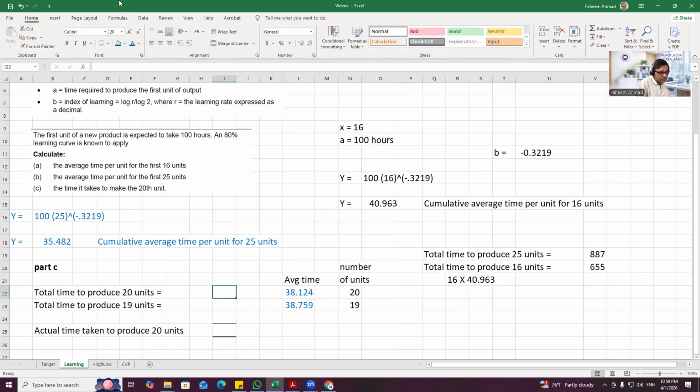I'm going to calculate total time for 20 units. I will take average time times by number of units, 20. I will repeat the same thing here. So the difference between these two numbers is the actual time taken to produce the 20th unit.